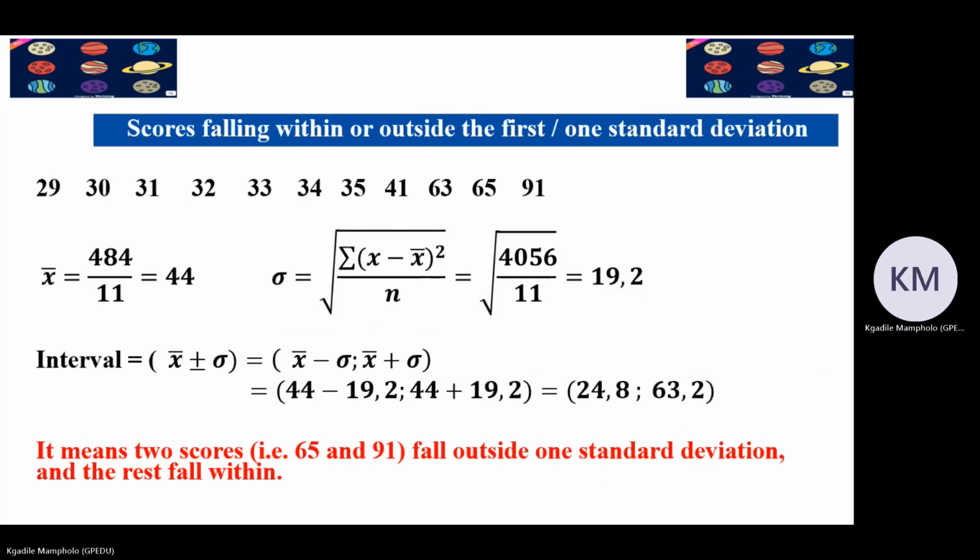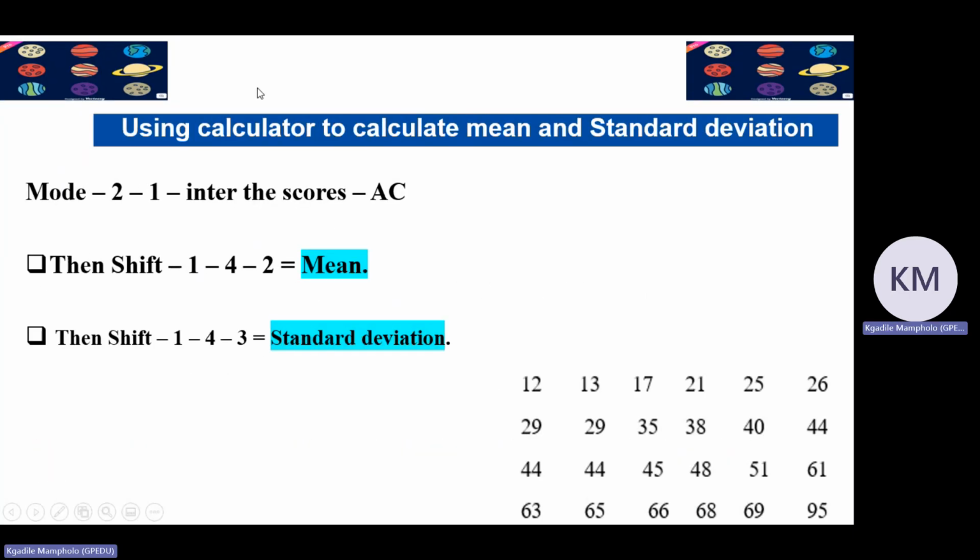After saying AC, like I said, you press mode, press 2, press 1, enter the scores, press AC. Then you press shift, press 1, press 4, press 2, then equals, and you will get the mean. Because you pressed AC to save the data, you don't start from the beginning.